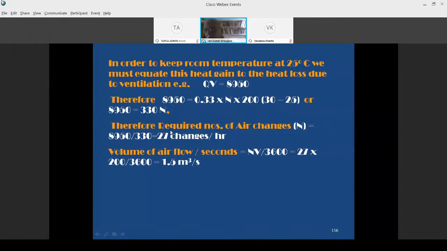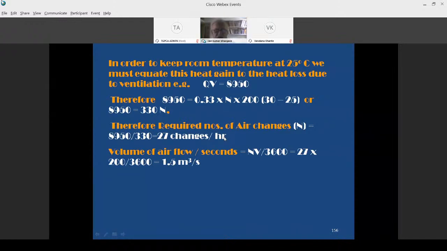This is per hour. In 1 hour, the total air inside, 200 cubic meters of volume, must be changed 27 times to bring the temperature down to 25 degrees Celsius.